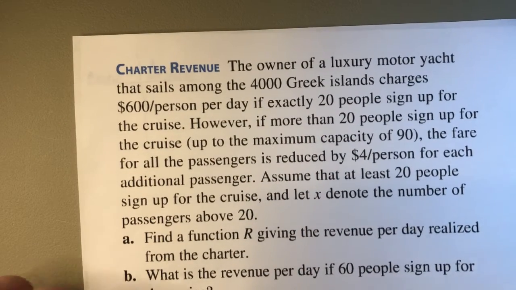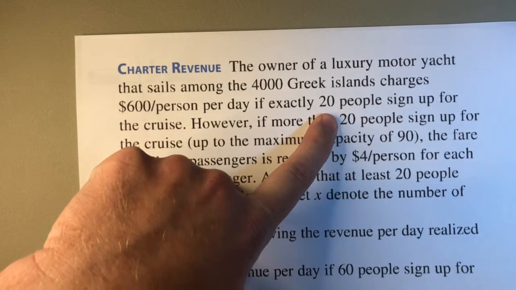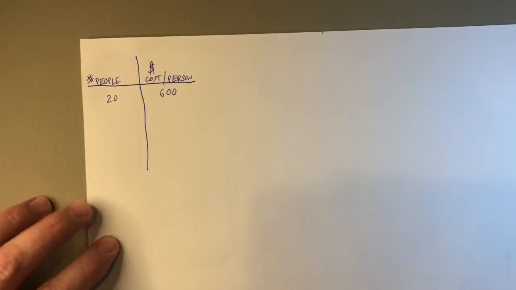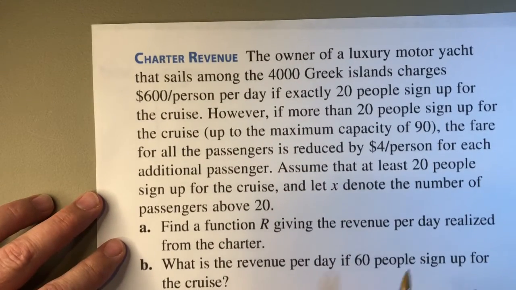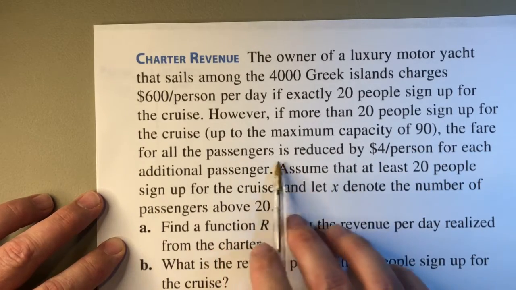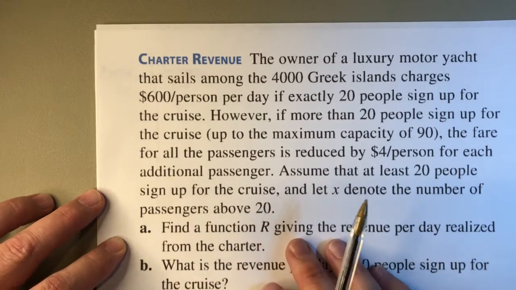All right, we know that it's $600 per person per day if exactly 20 people sign up. So if 20 people sign up, it's $600 a person. Now, it also tells us that if more than 20 people sign up, the fare for all passengers is reduced by $4 per person for each additional passenger.